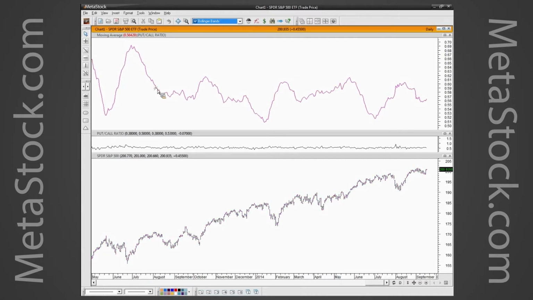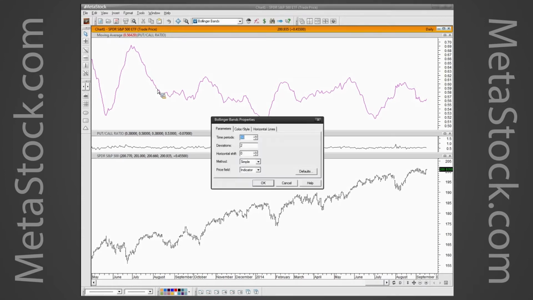And again, note that I'm putting the mouse directly over the put-call ratio moving average as I'm plotting that indicator, so we know that that's what it will calculate on. And I'm just going to make sure we're set for the default parameters for the Bollinger Bands.